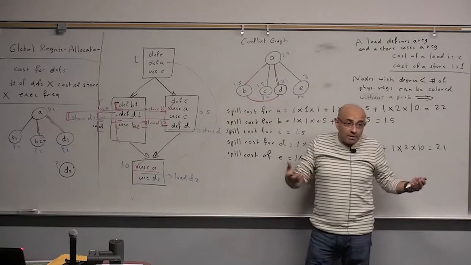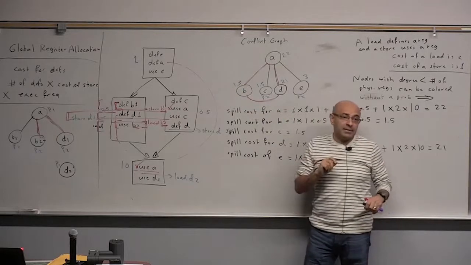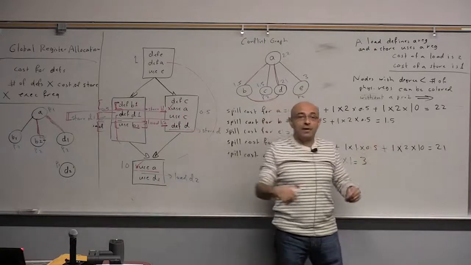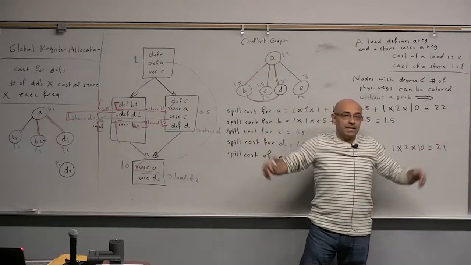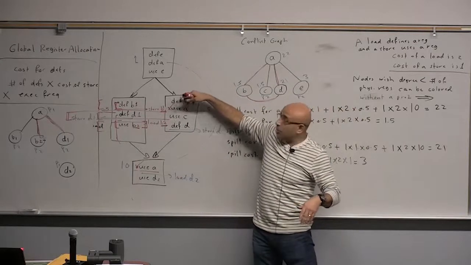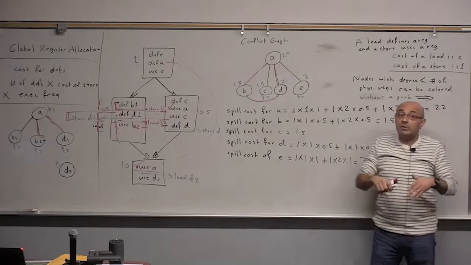But the compiler's job is not to solve this small test case manually. Its job is to be able to do register allocation for an arbitrarily big piece of code with an arbitrarily big control flow graph with arbitrarily big basic blocks. So it has to do it in general.